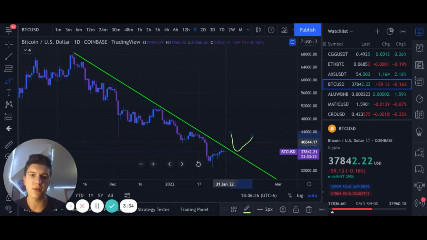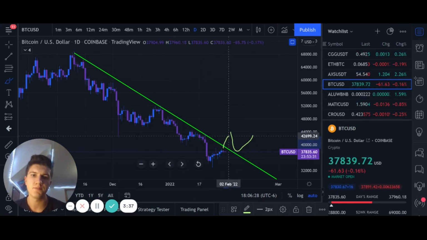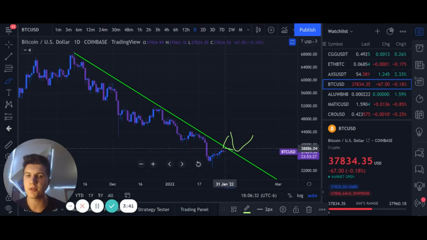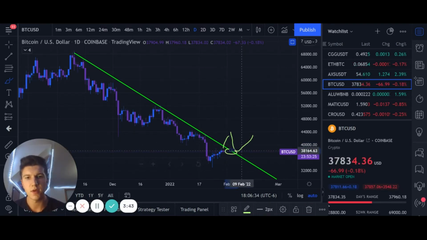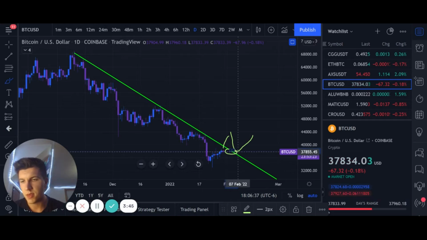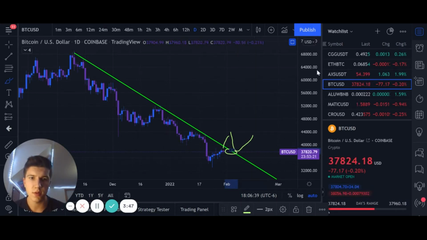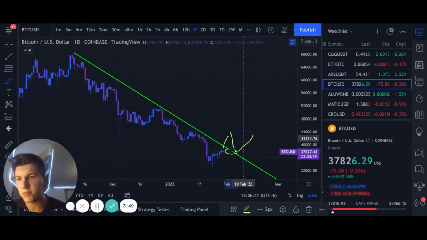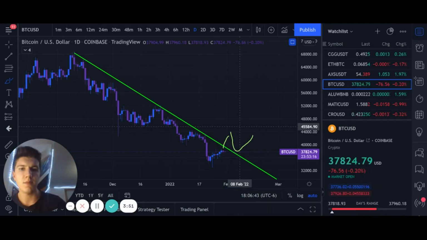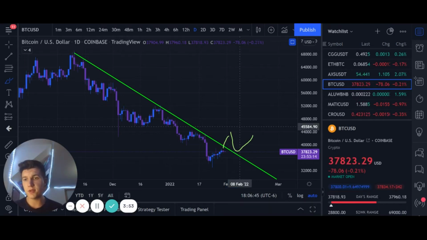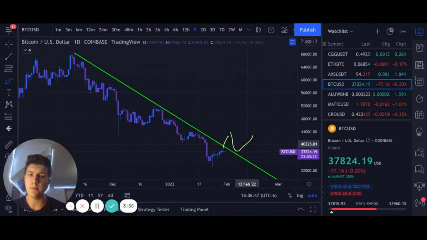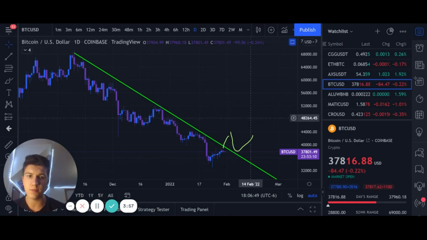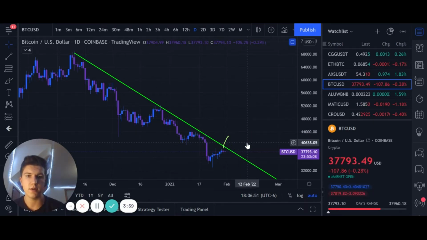Once price is breaking out of that trend line, you want to wait for it to come back and touch support in this case. And then you can enter a long and ride the price up. That is a common trading strategy, a very beginner one. I personally don't use it, but it's just something to keep in mind.